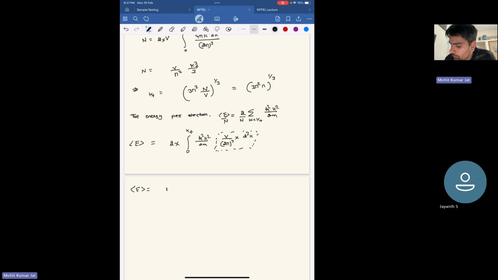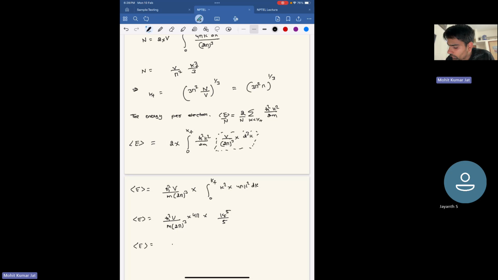So 2ħ²/(2m) times V by (2π)³, from 0 to kF. k² I cannot take out, so k² will remain inside. d³k, the V I can take out. d³k I will write as 4π k² dk, and E will be ħ²V by m (2π)³ times 4π k⁵/5 up to kF.